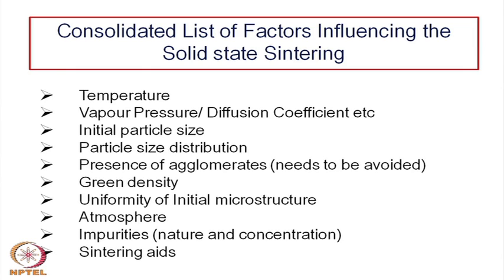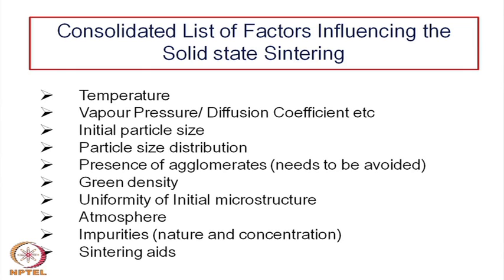So, not only the particle size distribution is important, the agglomerates must be removed, particularly the hard agglomerates. Soft agglomerates can be broken either during pressing or during suspension, but hard agglomerates obviously have to be avoided.